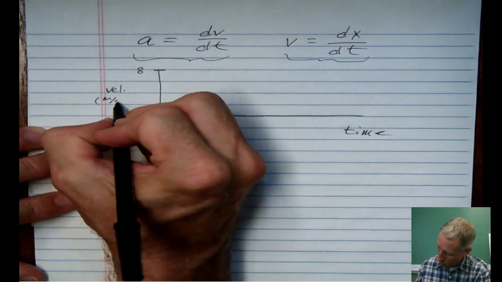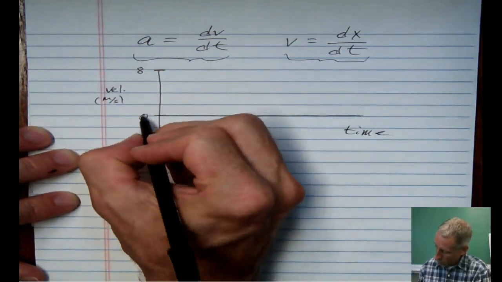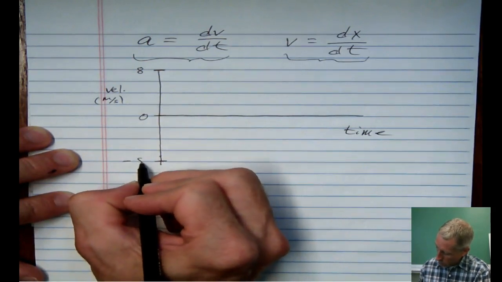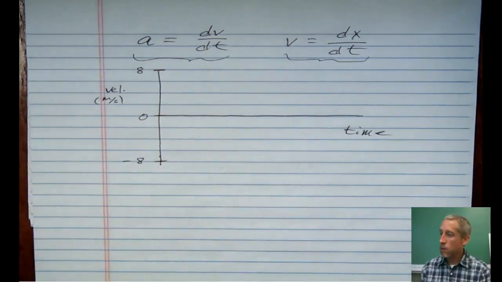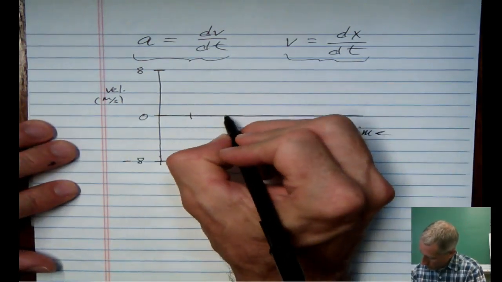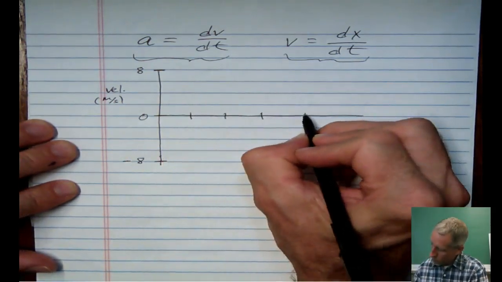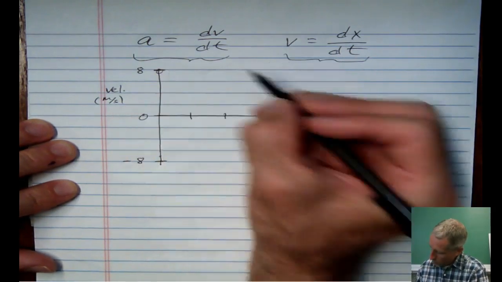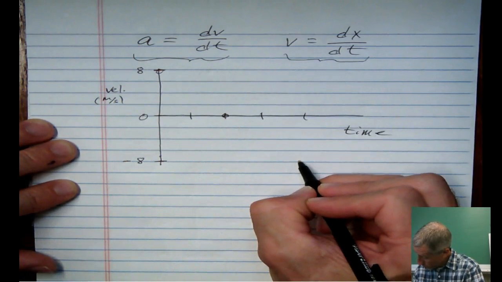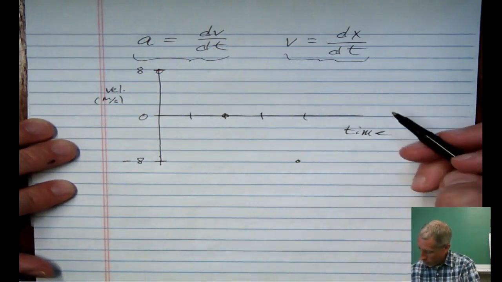I'll put units in here. Take a second to get this set up. And maybe we'll go down to negative 8 meters per second. And maybe we'll do that over 8 seconds. I don't know why I'm stuck on the number 8 here, but I just want to make a nice linear plot. I'm just doing this by hand. We don't need anything real fancy.